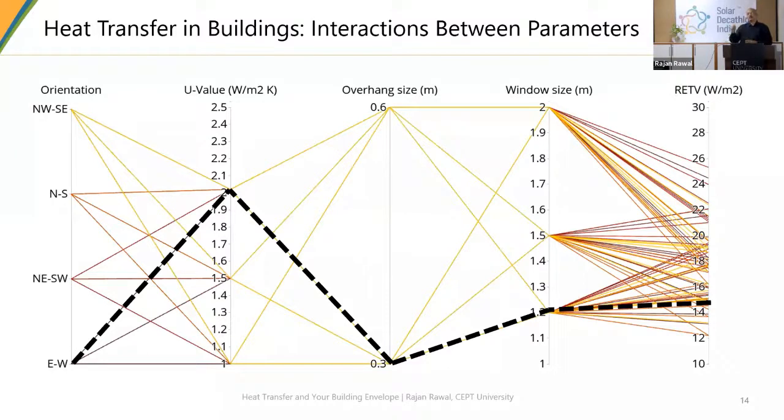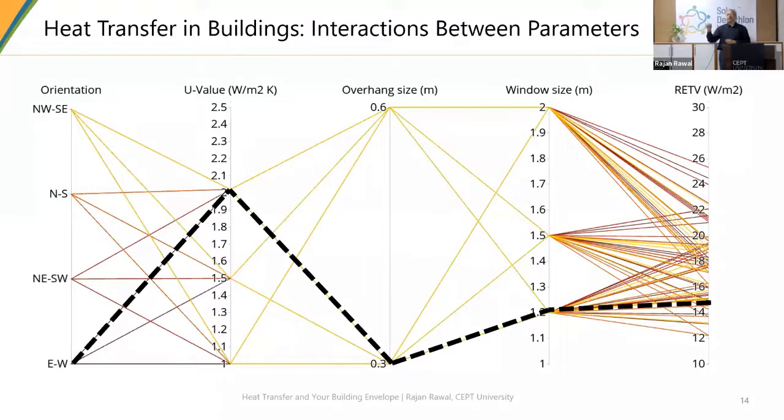Then looking at the cost benefit analysis or the savings, you may pick one path, the way I have described in the black dotted line. So let me go for east-west orientation. Let me go for a U value, which is the U value of the window, sorry, not the wall, which is about 2. Then I will go for a 0.3 overhang.